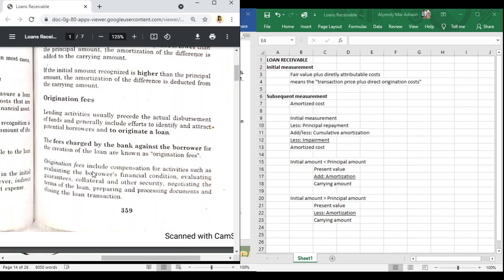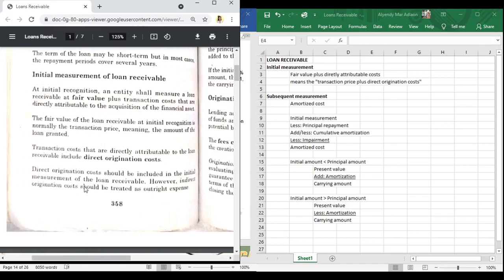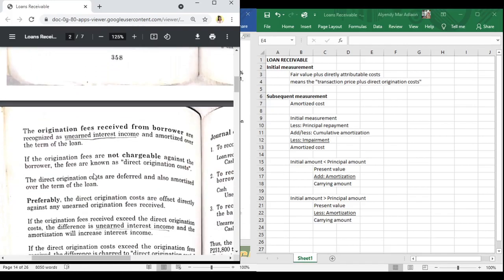The customer pays the origination fees. So, it is not exactly and necessarily the same amount. It could be that the origination fees is higher than the direct origination cost, or at some time, the direct origination cost is higher than the origination fees. Now, how are we going to present this one?